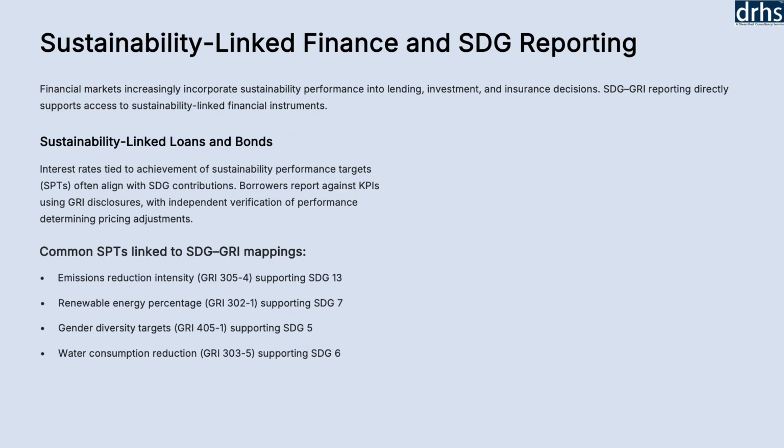Sustainability-linked loans and bonds. Sustainability-linked loans and bonds tie financial terms, such as interest rates or coupon adjustments, to the achievement of predefined sustainability performance targets, SPTs. These targets are typically aligned with measurable ESG indicators, including emissions intensity reduction, renewable energy adoption, diversity targets, or water efficiency.